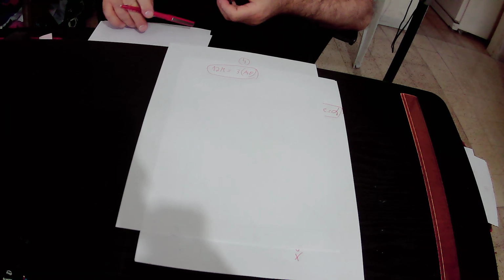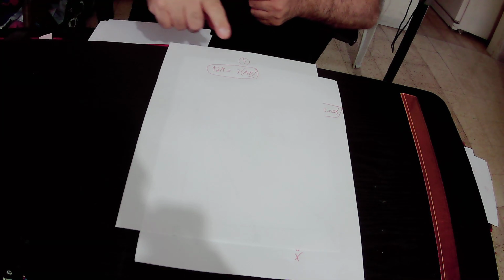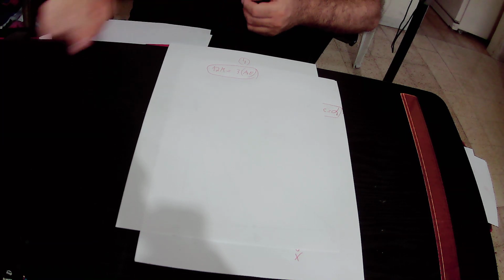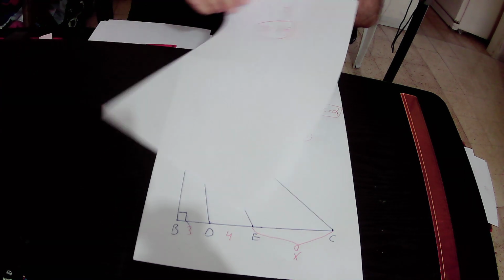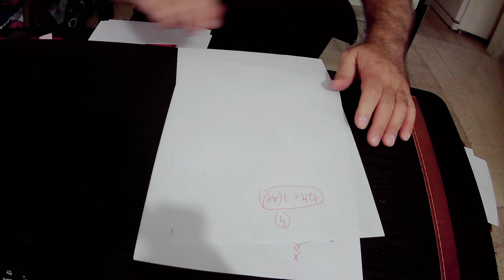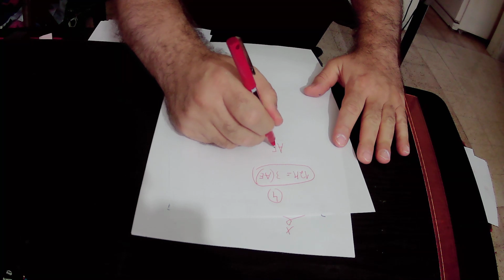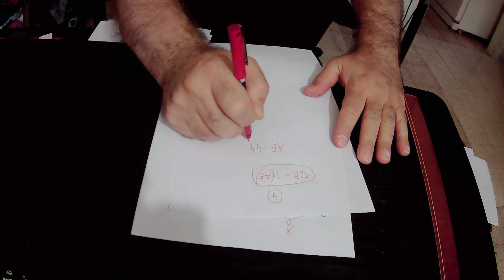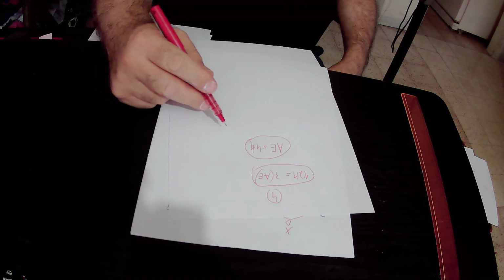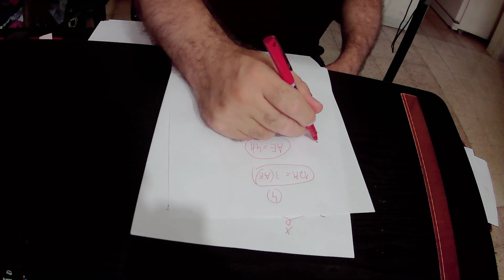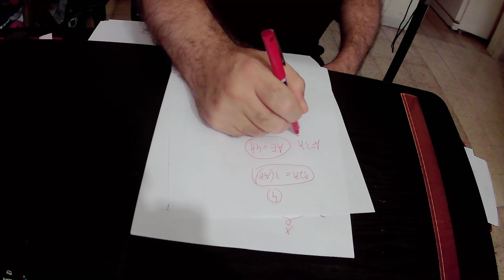Here we will divide this equality by 3 in order to get the value of AE, and we will get that AE equals 12K over 3, which is 4K. So we actually found out that AE equals 4K. So if AB equals 3K, then AE must be equal to 4K.